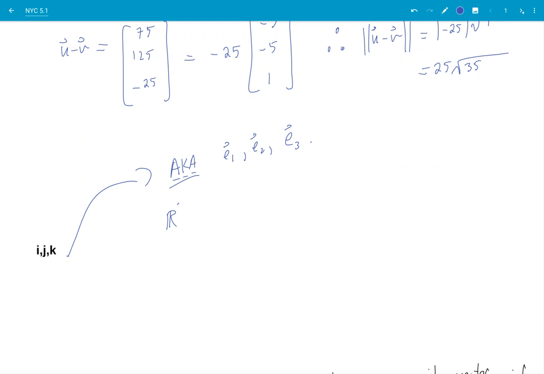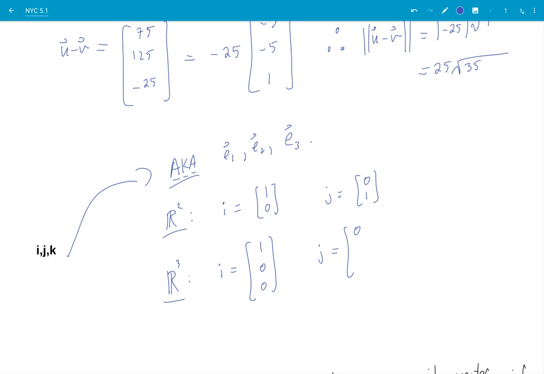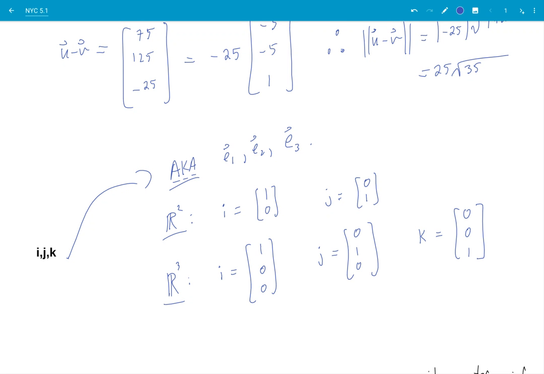So if you're in R2, i is equal to this vector, j is equal to this vector. So it's kind of an alternate notation instead of using e1, e2, and e3. Unfortunately, both notations are quite common, so we're going to have you learn both of them. And then in R3, you have k as a third vector here.